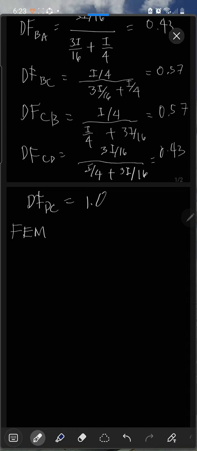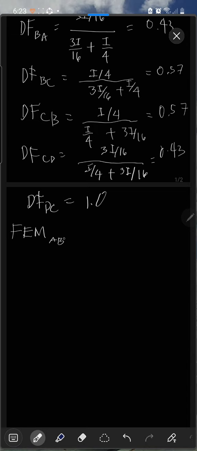Okay. So earlier, these pairs are the same as long as they are symmetric, the fixed end moments. So, the fixed end moment formula for uniformly distributed load. So FEM at A, first span AB.